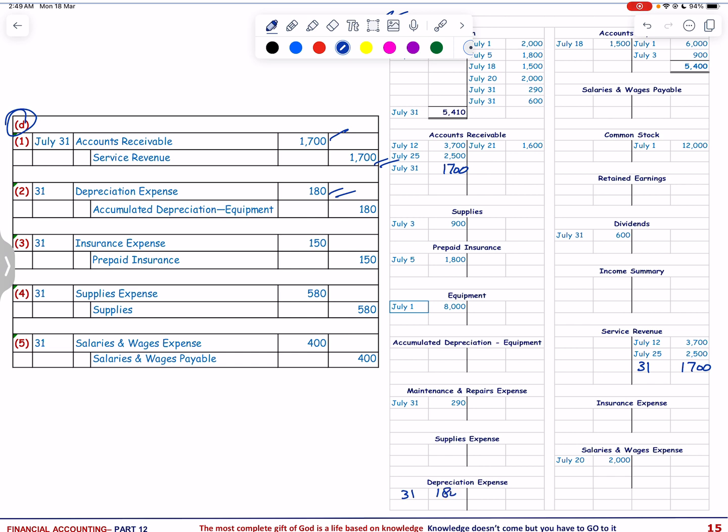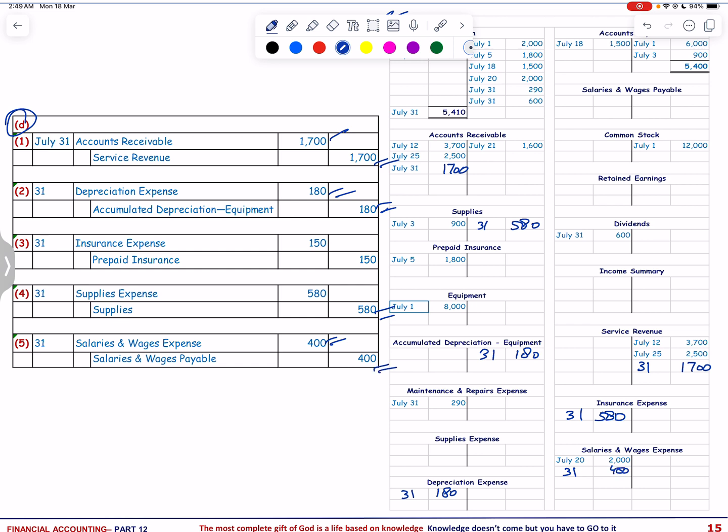Then we have insurance expense, 31st July, that is 580, and supplies is credited by 580. Then we have salaries and wages expense 400, 31st of July 400, and salaries and wages payable is credited on 31st of July by 400.